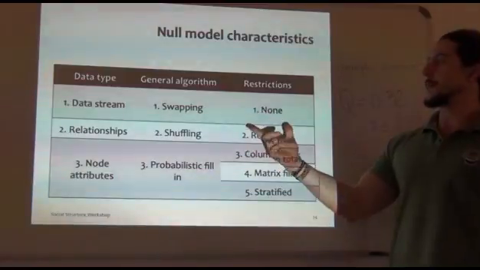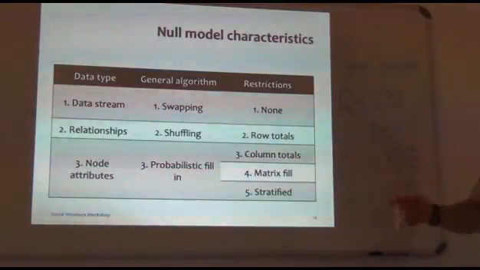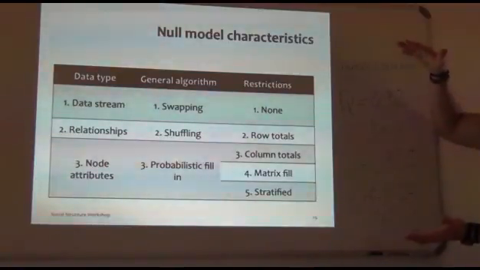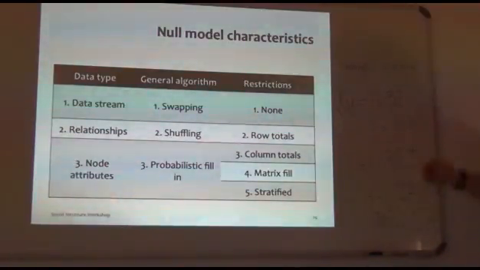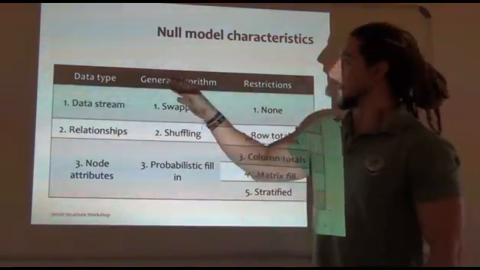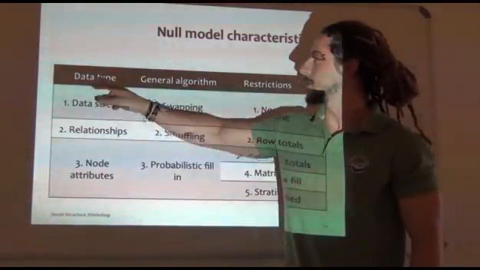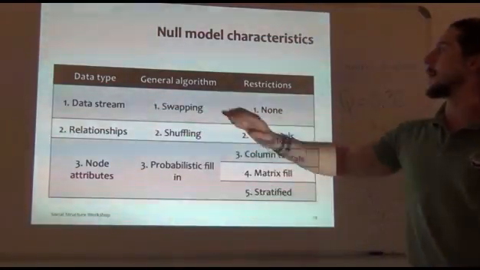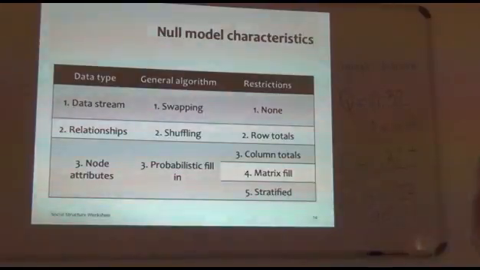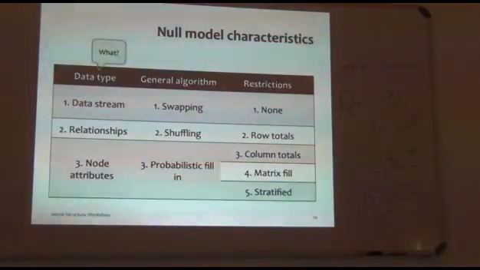If it's a binary matrix, the number of ones we have, or you can stratify these matrices like we did with the sampling periods. And we're going to go through some details on data type, general randomization processes, and restriction, and some combinations of those. The ones that I found more useful.